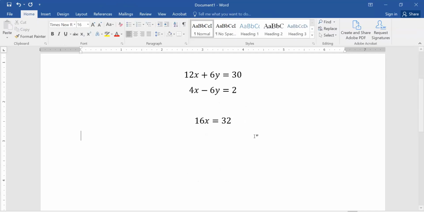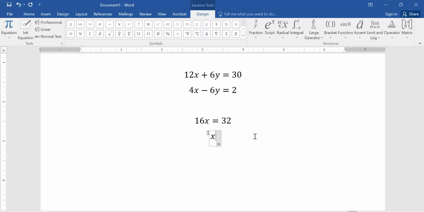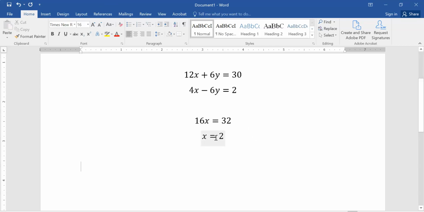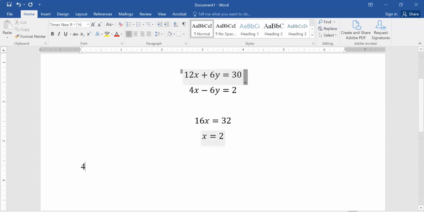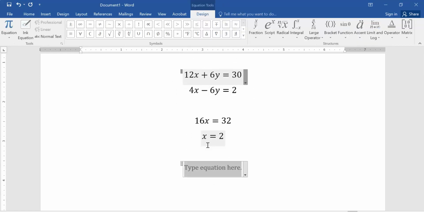So divide both sides by 16, and x needs to be 2. If x needs to be 2, I go back up to this first equation, and I plug in, 4x plus 2y is equal to 10.